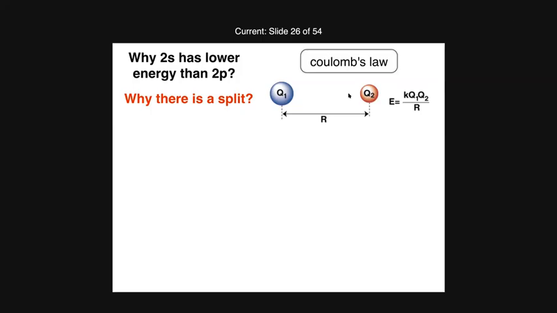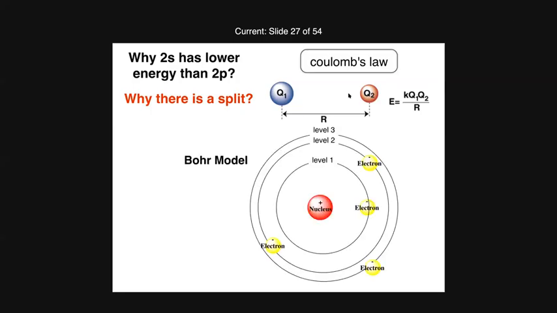So why do I talk about this? Well, think about Bohr's model earlier. The reason the electron close to the nucleus is more stable compared to the further away electron is that the force between the nucleus and the electron is stronger, because the electron and the nucleus are closer.